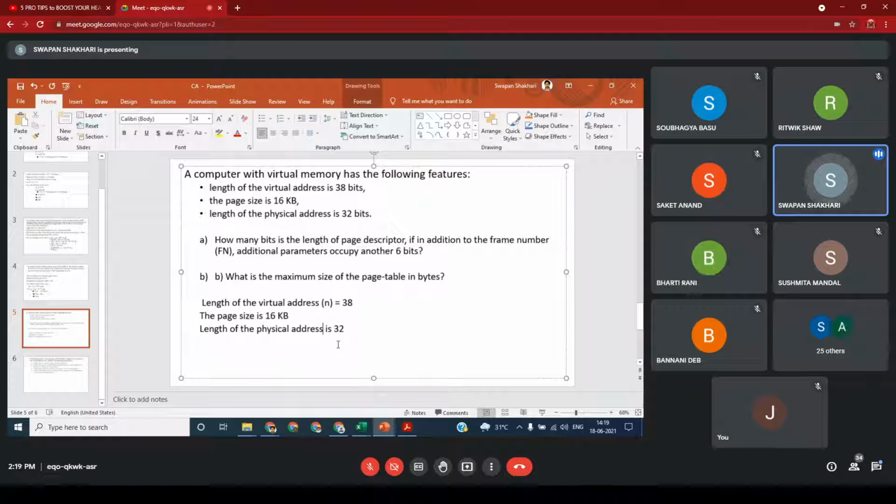Length of the physical address is also given, so we'll use this one, also 32.